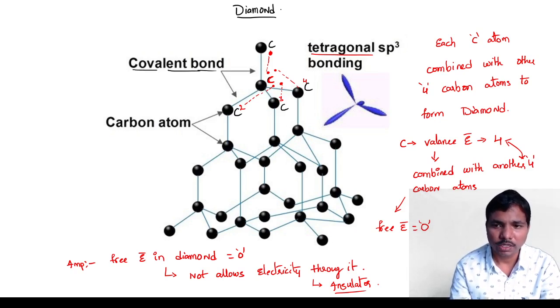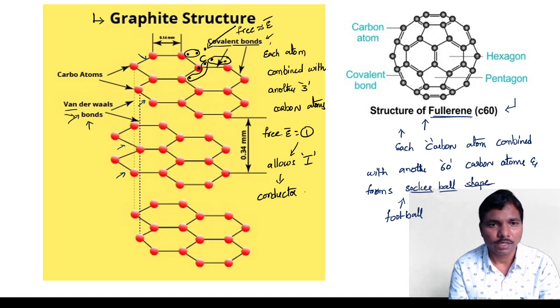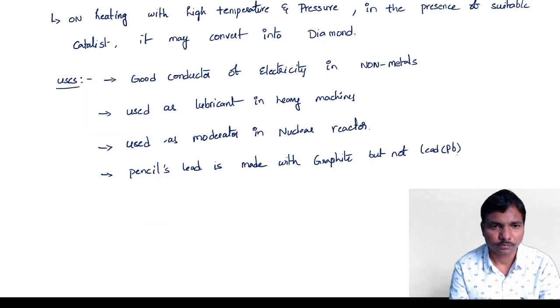Covalent bonds. Each carbon atom is combined with how many carbon atoms? 4 carbon atoms, so the number of free electrons is 0. Which of the following acts as an insulator? Diamond, because it does not allow electricity through it. Okay, and here I have given all the important points, and graphite and C60.